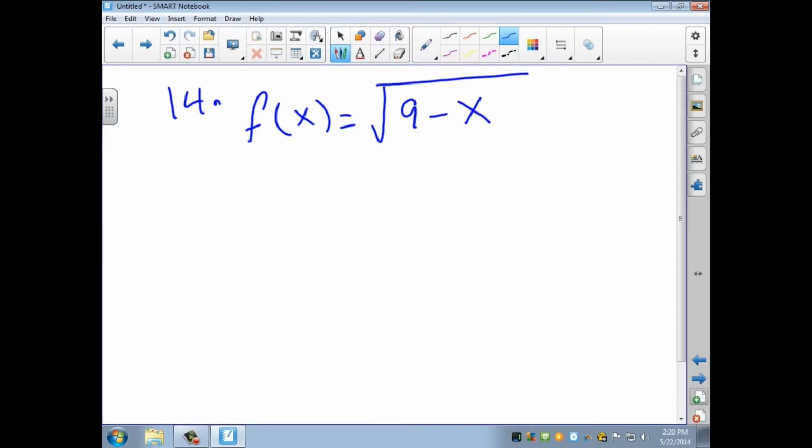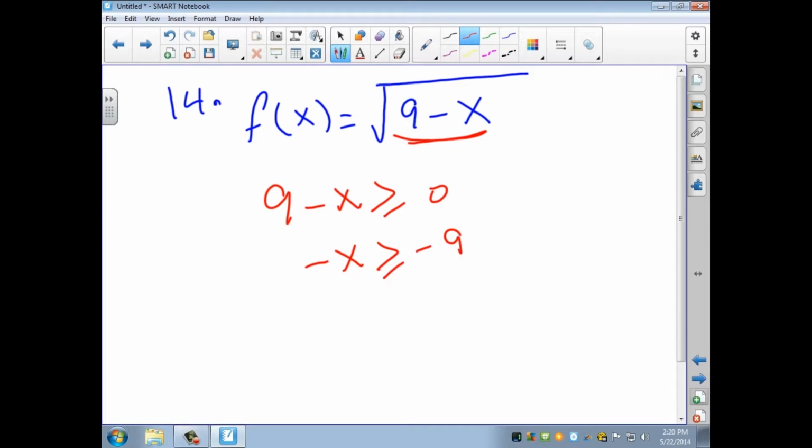Again, since you have a square root, what you have under the square root has to be positive or 0. So 9 minus x has to be greater than or equal to 0. That means minus x has to be greater than or equal to minus 9.